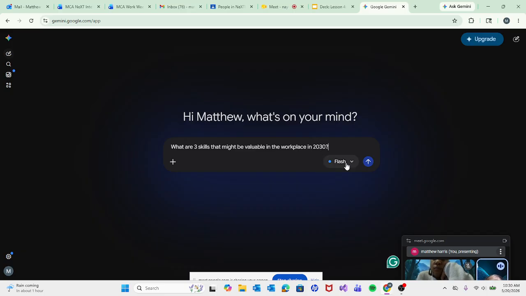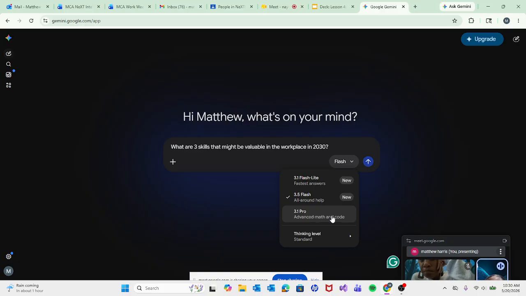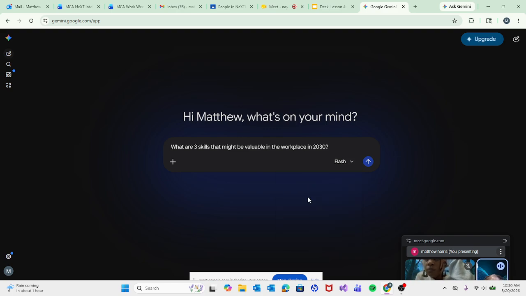Another thing you could do is click on the area where it says Flash. They have some new versions: fastest answers, all-around help, and if you're doing things like math and code, it suggests clicking on that other one. You see those arrows by your submit button. I'm just going to leave it on all-around help.